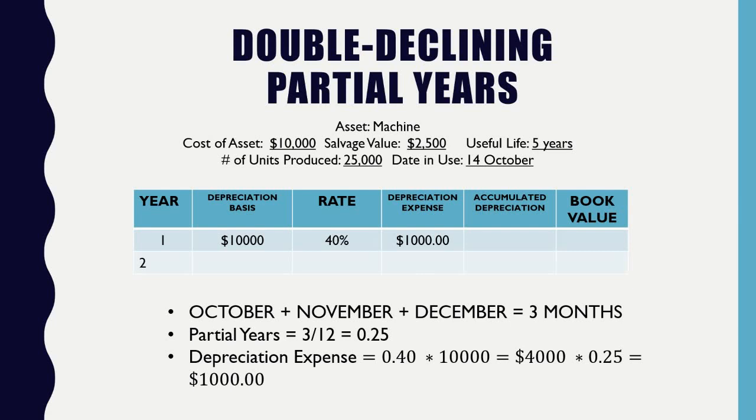Whichever way you want to see it, at the end of the day, you are depreciating it for a quarter of a year. Now, if I'm doing a quarter of the year, I need to recalculate my total depreciation expense. Another way you could solve for it is taking the 4,000 and multiplying it by 3 out of 12, which should give you a total of $1,000.